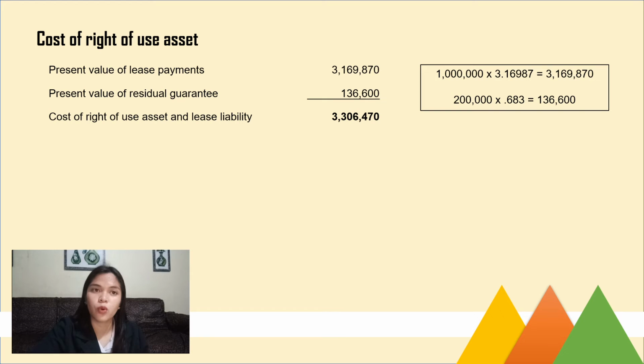So 200,000 times 0.683 is equal to 136,600.